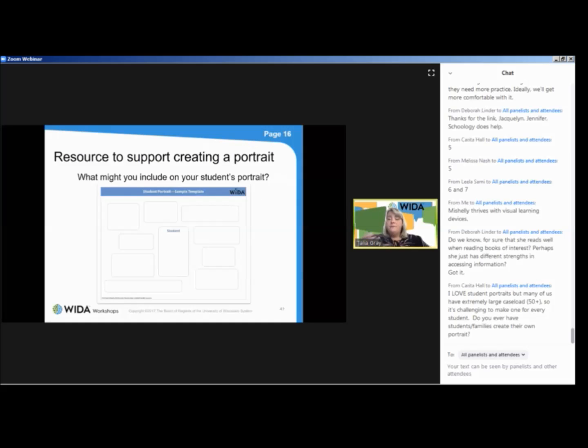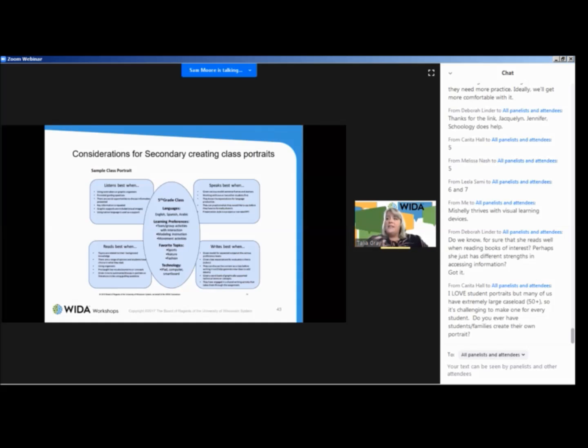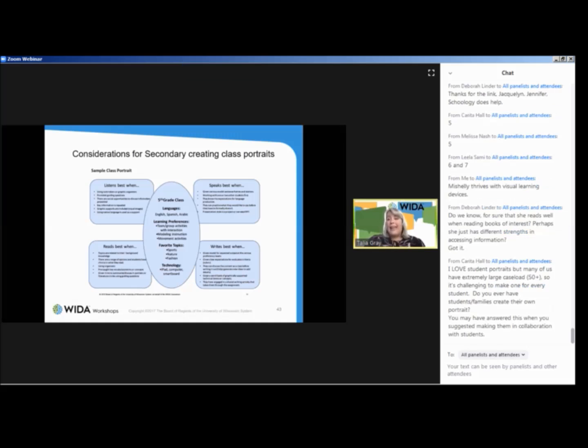And then this template and this template are on the Padlet for you and in your packet as well. Now, this one is specifically for creating a class portrait. Secondary teachers, you have hundreds of students, like 150, 120, lots of students.